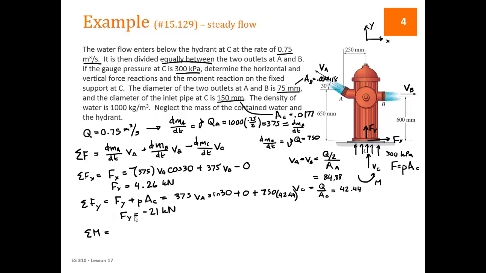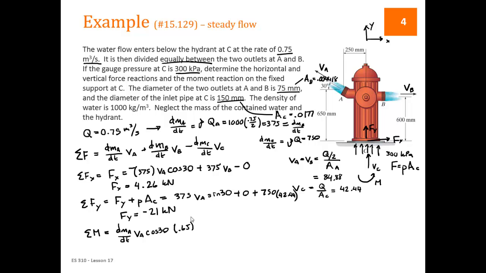So let's take a look at the x component of the VA at A. That would give us dma dt. X component of VA would be VA cosine of 30, and the distance through which it's acting, so the perpendicular distance down to C, for the x component would be 650 millimeters, or 0.65 meters.